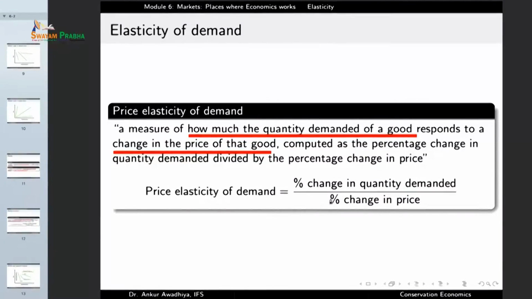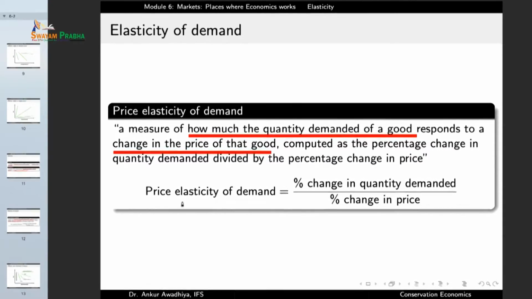So it is possible that in place of eating 20 vanilla ice creams, you are eating just 2 or 3, or not eating any vanilla ice cream. Now, when that happens, there is a small change in price, but there is a big change in the quantity that is demanded.